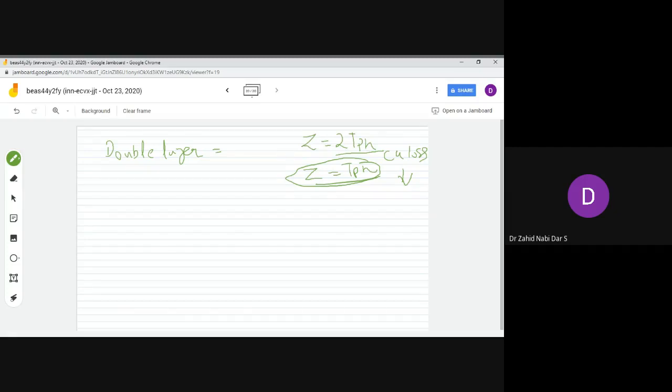Single layer winding is selected for machines whose rated power is less than 20 kilowatt, rated voltage is less than 600 volt, and dia of the machine is less than 40 centimeters.